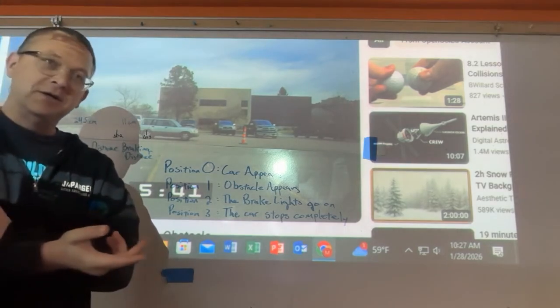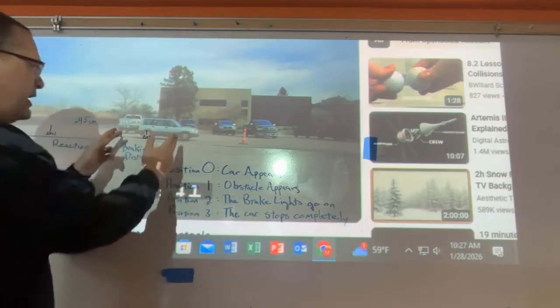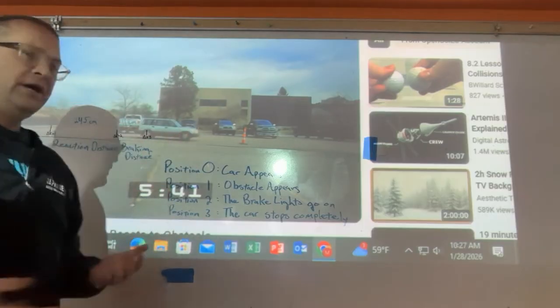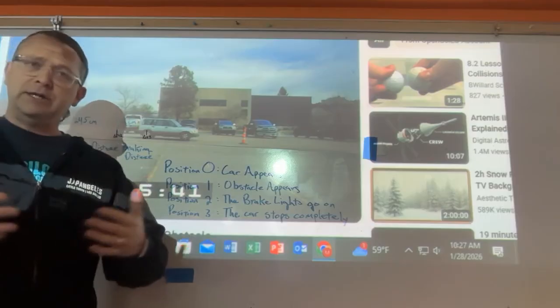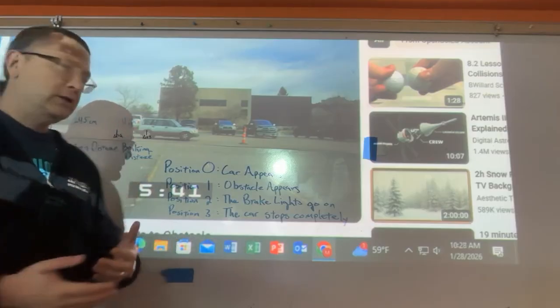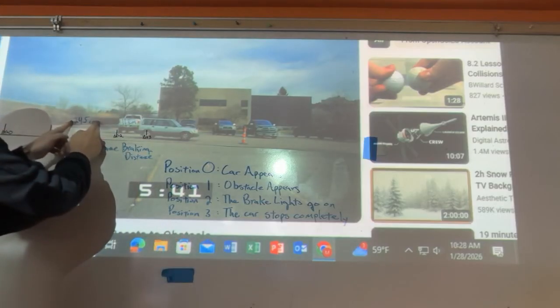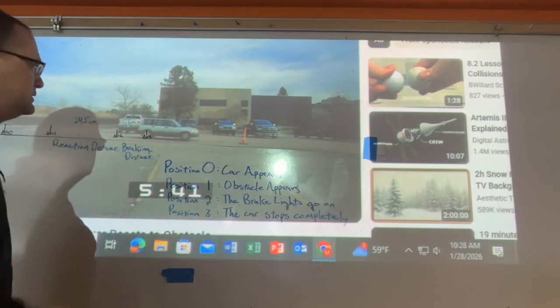That's correct. Let's definitely calculate how large the car is in real life, so we can use that as kind of a scaling ratio to calculate the actual distances of these other distances.